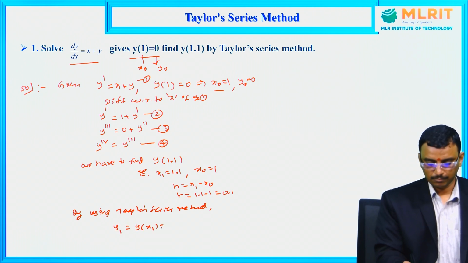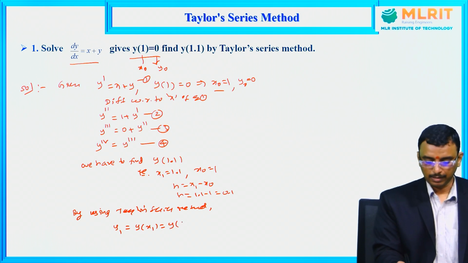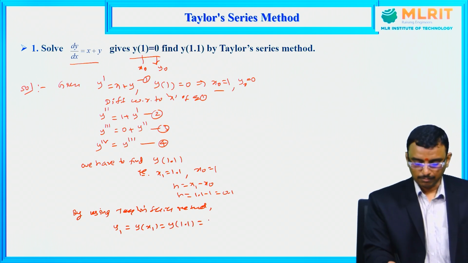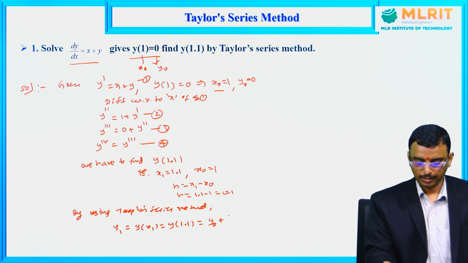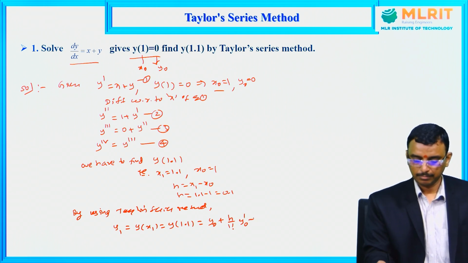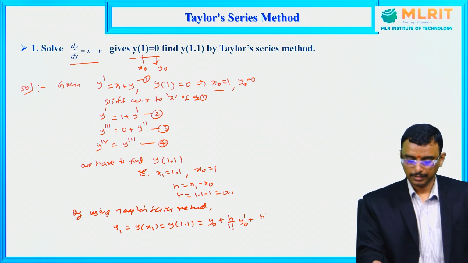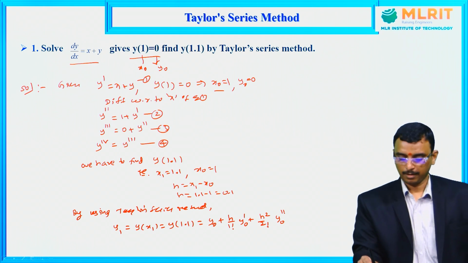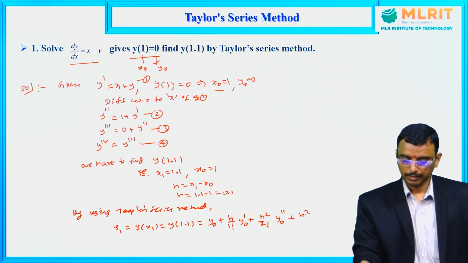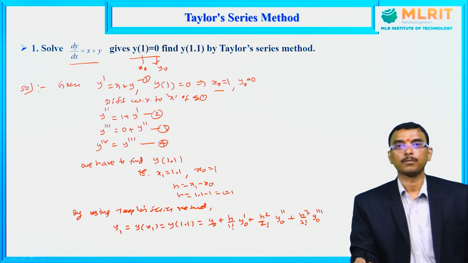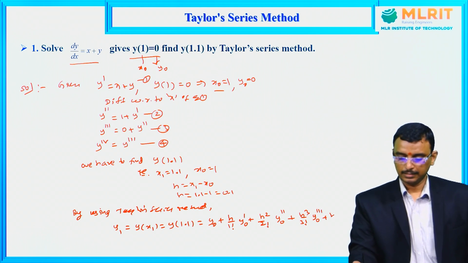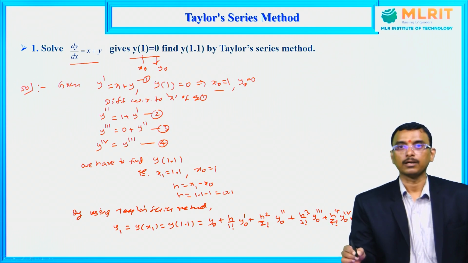So y of 1.1 is equal to y naught plus h by 1 factorial into y naught dash plus h square by 2 factorial into y naught double dash plus h cube by 3 factorial into y naught triple dash plus h power 4 by 4 factorial into y naught fourth order and so on.